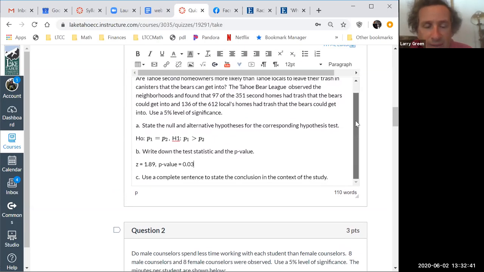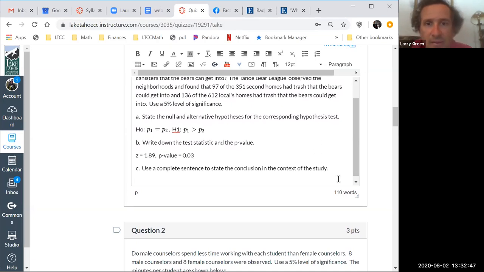Now it says use a complete sentence to state the conclusion in the context of the study. What are the first two words? Because that helps. For any hypothesis test, there is. I recommend memorizing those two words because it gets you started, and they're not fancy hard words.